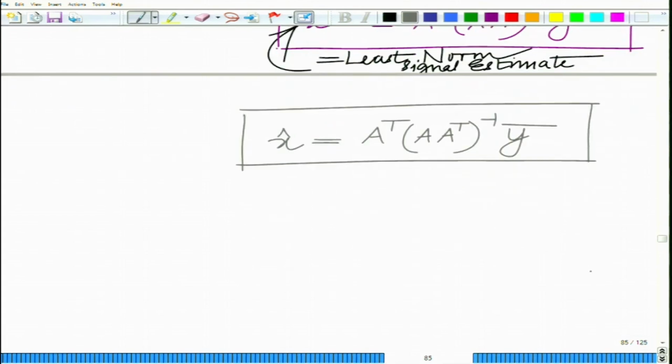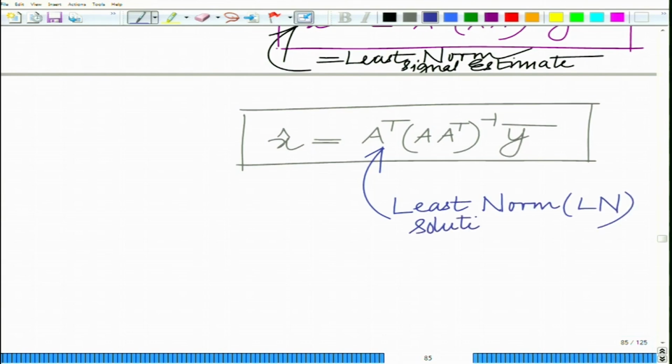This is also known as the least norm solution, or minimum norm solution, there are many names. That gives you the solution x hat which has the minimum 2 norm.